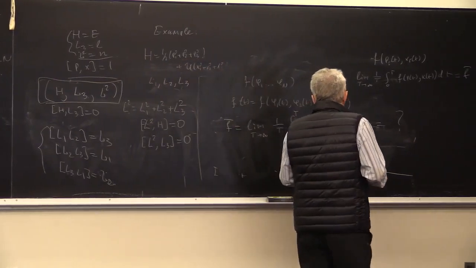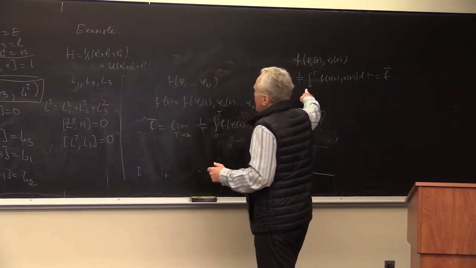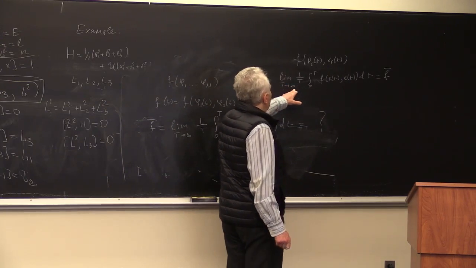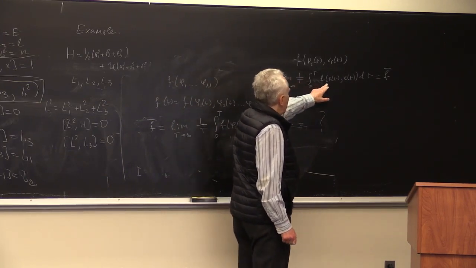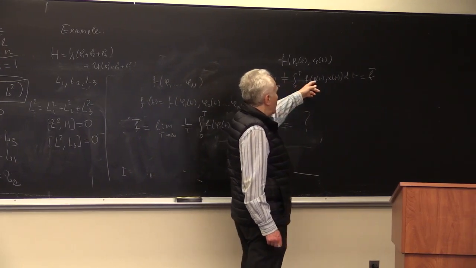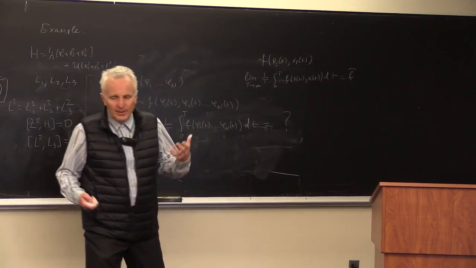The question is how to calculate it, because from the definition it seems terrible. Actually, here we have the function which depends on 10 to 23 variables for a gas.